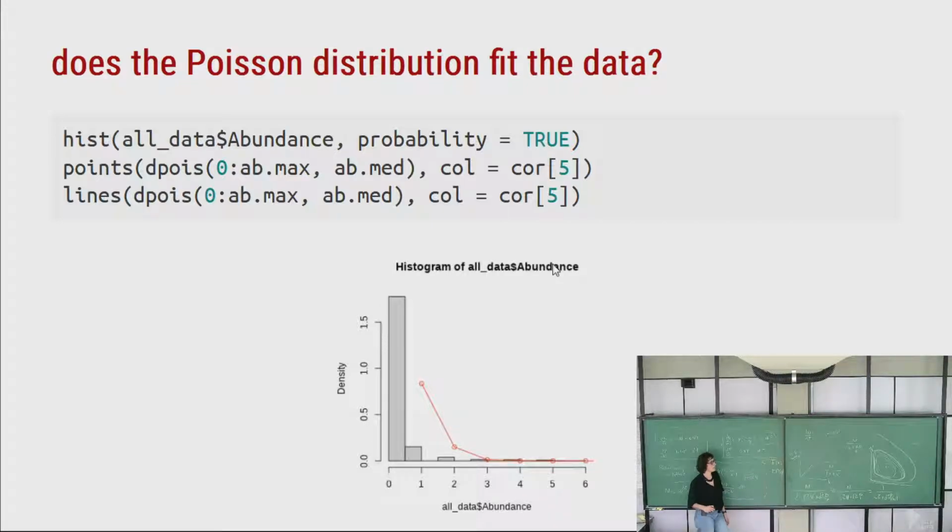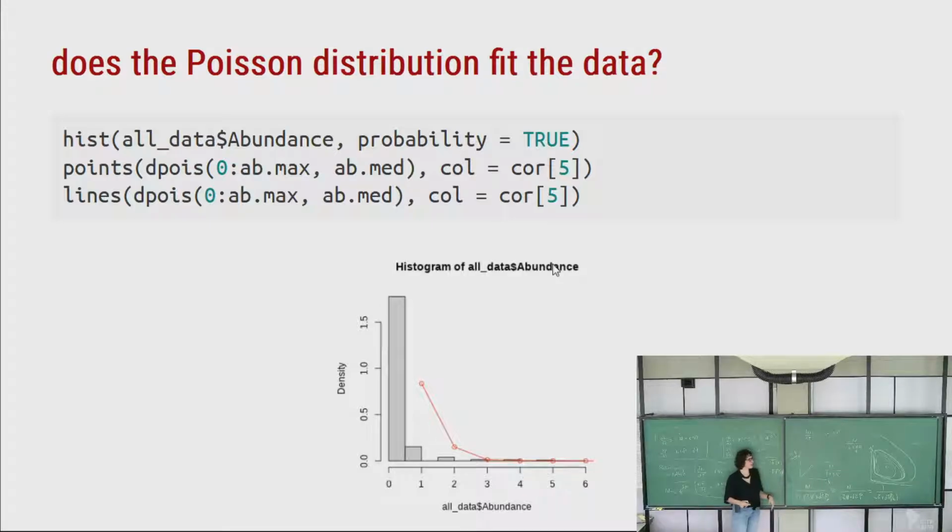And I'm plotting, so here I'm plotting a histogram. We have plot functions that are secondary functions. Points is one of them, lines is one of them as well. I plotted a histogram, and I can add points and lines to that just by calling a secondary plot function after my main plot function.